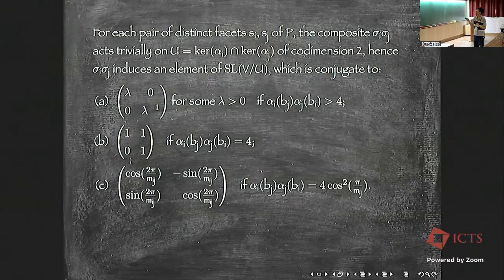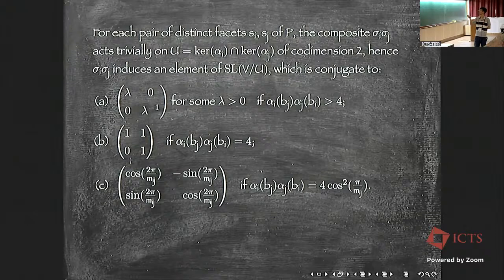Then of course, as I said, each reflection fixes a codimension one hyperplane, right? So of course, these compositions act trivially on this corner. This corner of alpha i is the fixed point set of the reflection, and this is also the fixed point set of the other reflection, sigma j.